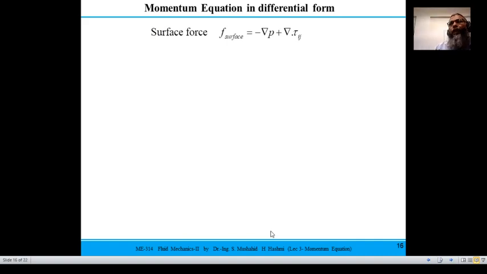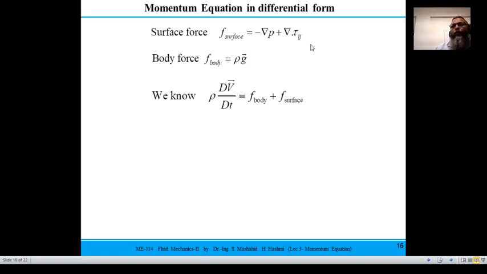So the surface forces acting onto the fluid element are a combination of the pressure gradient term and the viscous divergence term. And we know that the body force here is only the gravitational force.